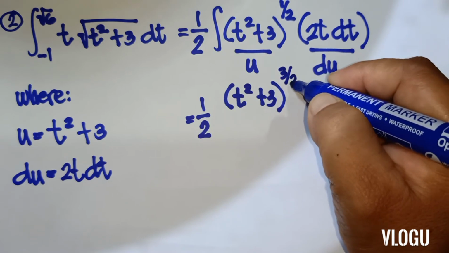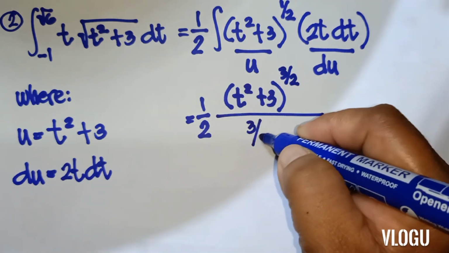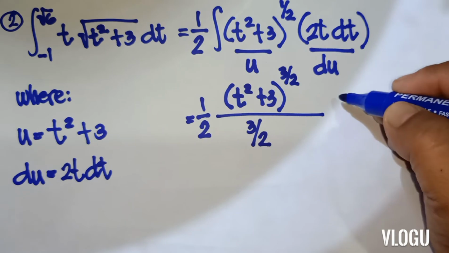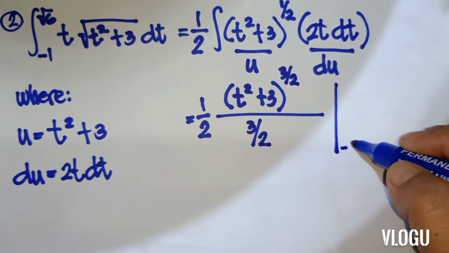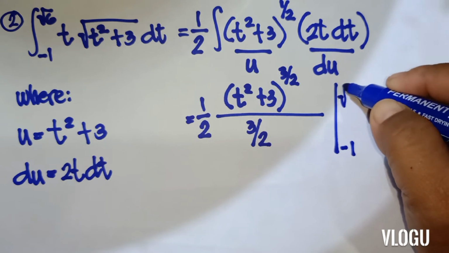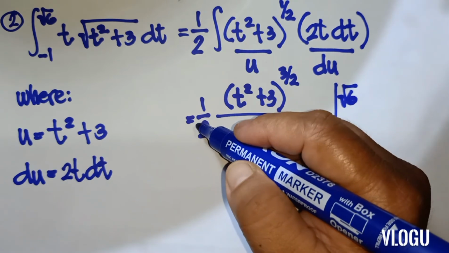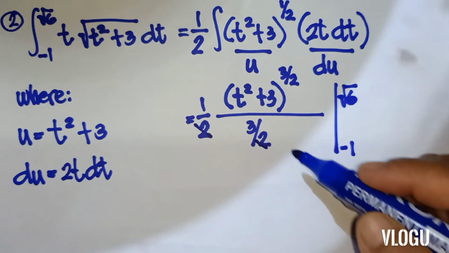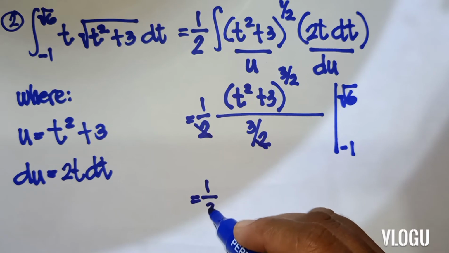So you will have 3/2 over 3/2, evaluated from -1 to the square root of 6. You can cancel 2 and 2, giving 1/3.